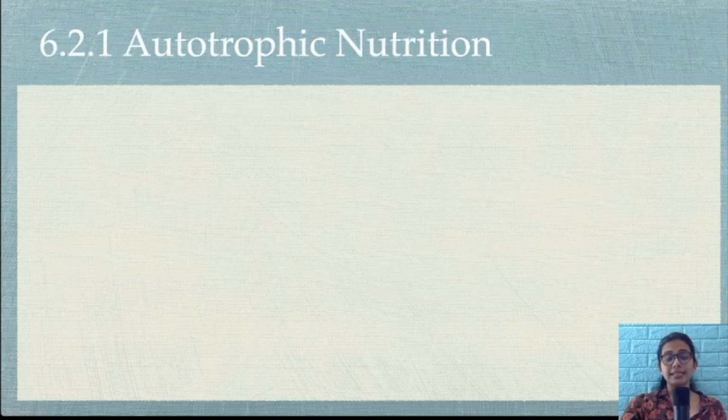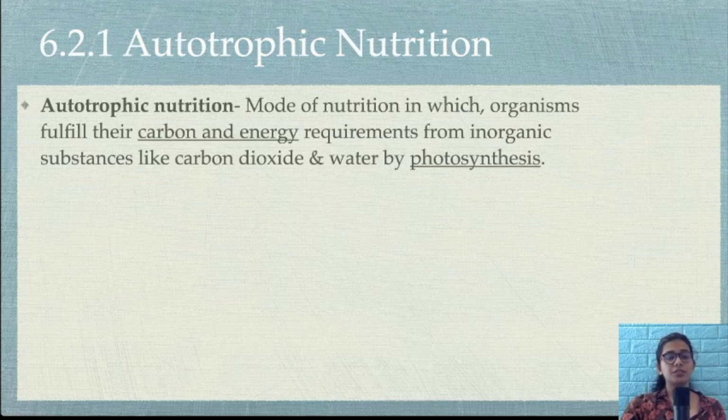So in this lesson, we'll be looking deeper into autotrophic nutrition. So what is it again? Let's just brush up what we just learned and put it all together. Autotrophic nutrition is a mode of nutrition in which organisms fulfill their carbon and energy requirements from inorganic substances like carbon dioxide and water.